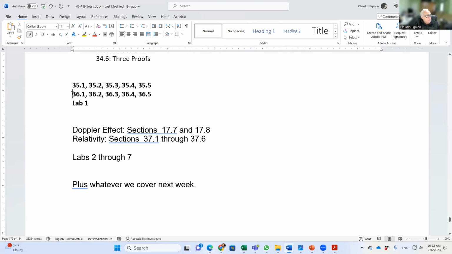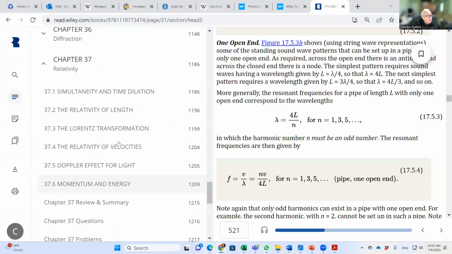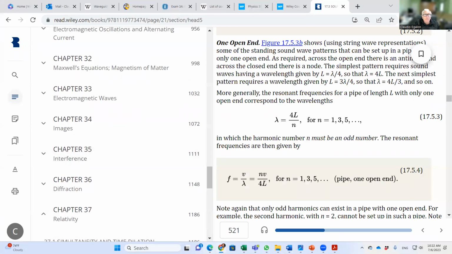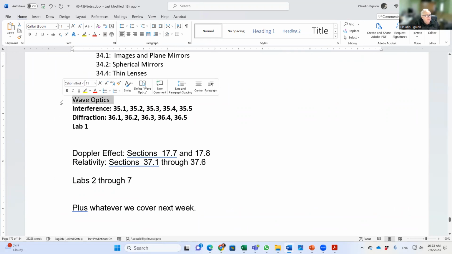Here is diffraction. 35 is interference. Don't forget, that's wave optics. Here is wave optics, interference and diffraction.